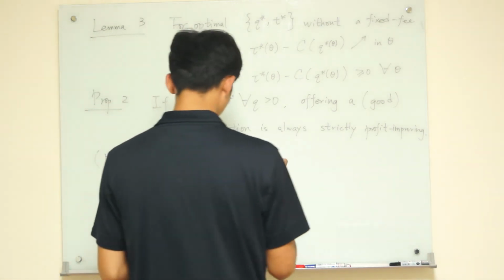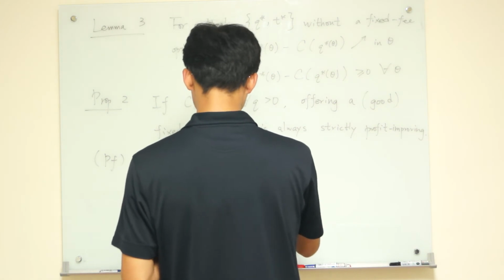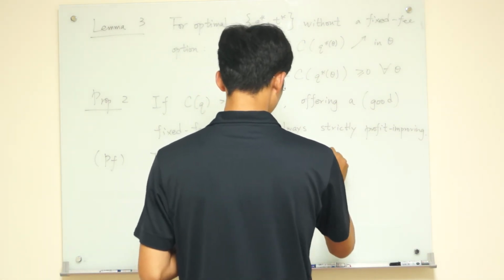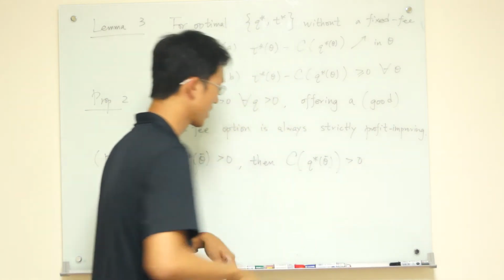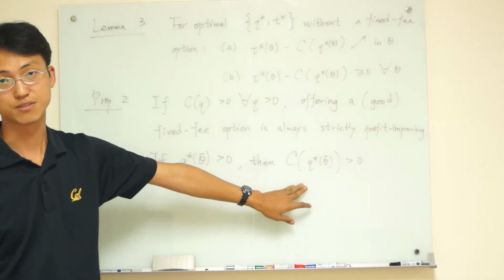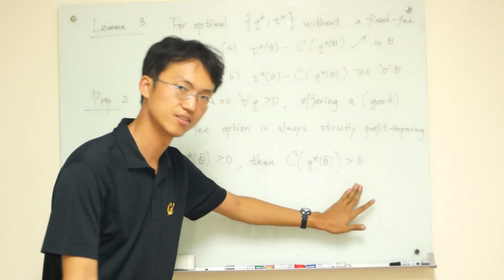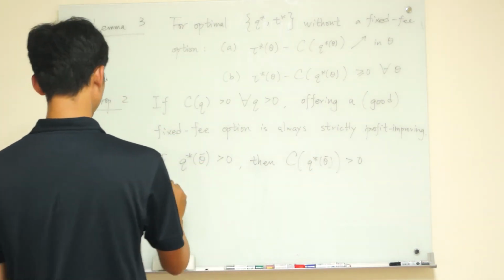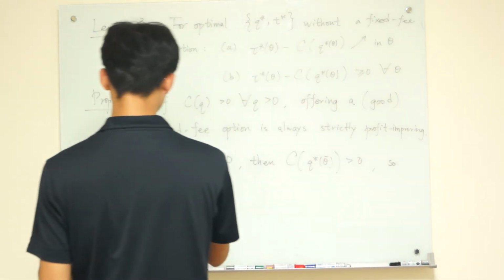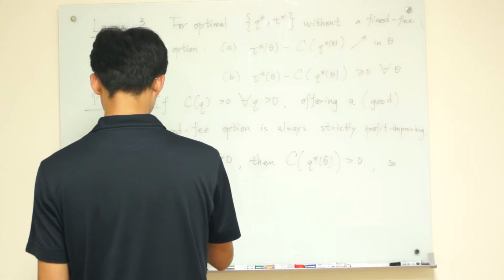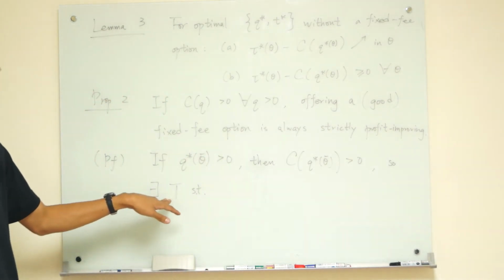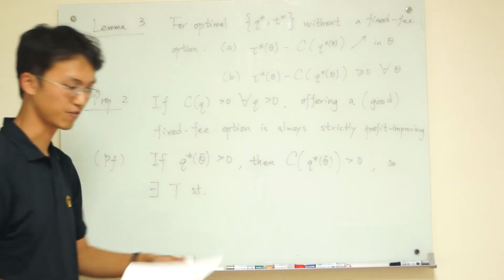In that case, certainly I know the associated cost is positive, right? And I can do the following. I will be able to find a capital T within the following region.